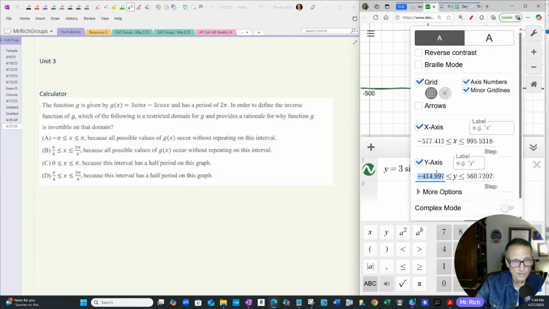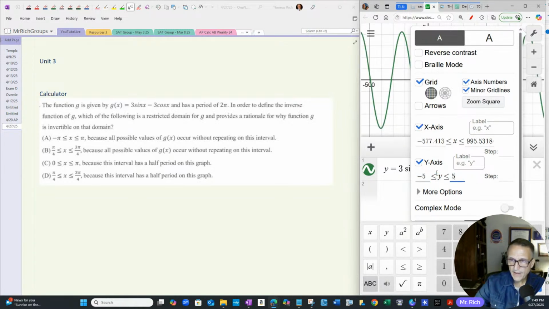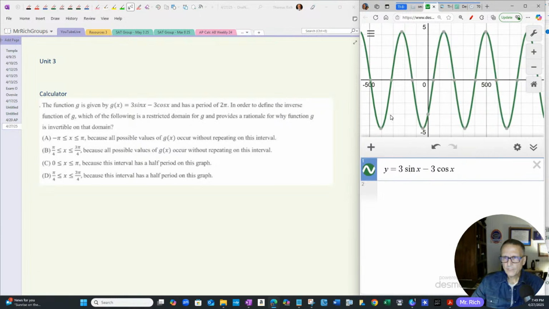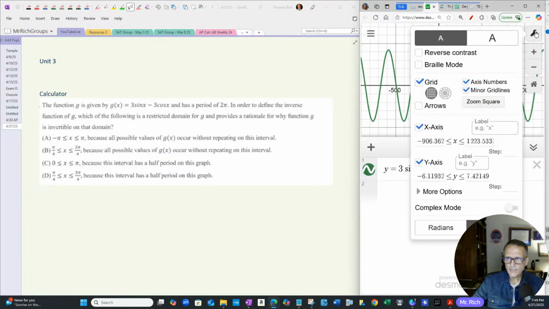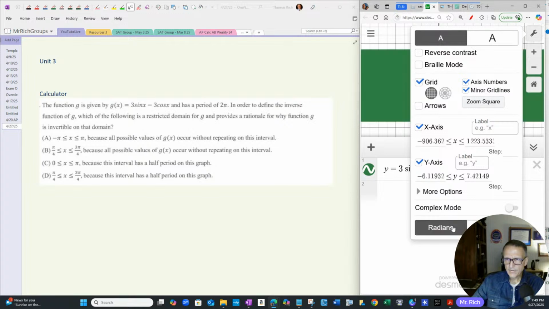I'm going to go from -5 to 5 so I can look at this thing. Okay, so if you need to scale this thing, you can hit the wrench and you've got your X and Y controls here. Also, keep in mind that when I'm graphing things, I need to be in radians mode. So that really changes everything.